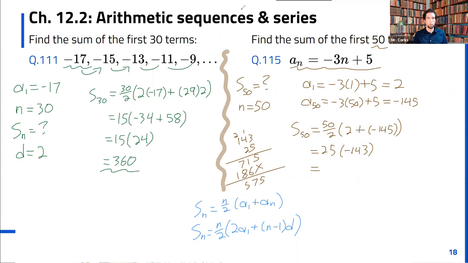Oh, sorry, that's not a 1, that's a 2. And 5 times 4 is 20, plus 2 is 22, write 2, carry the 2, and 5 times 1, plus 2, is 7. And it's -3,575. Okay, there is our sum.